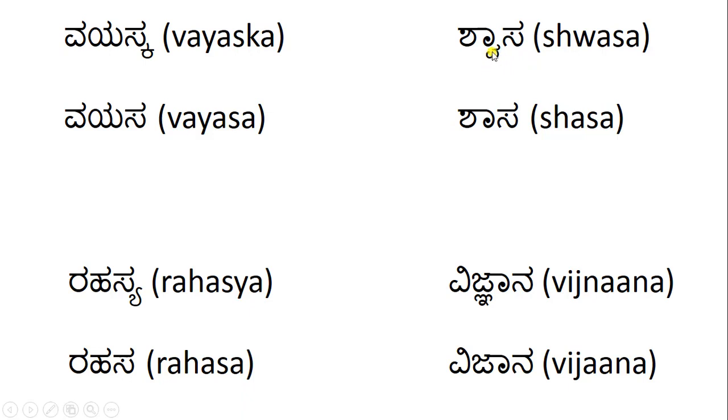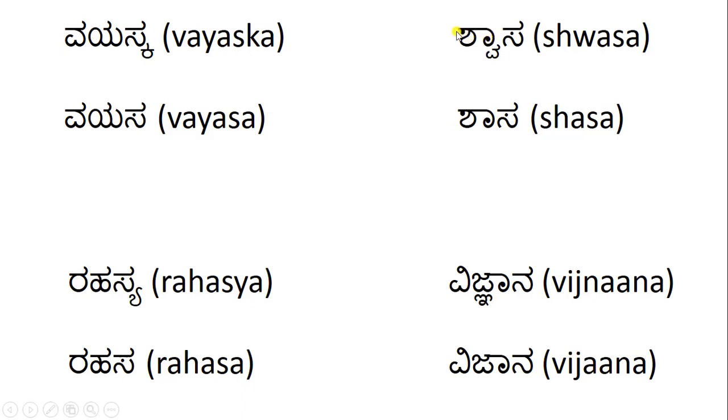But then how do you denote the wa? There is no symbol for wa here, right? It is just this for all the sounds: wa, va, vi, vu, ve, vai, vo. All those have a single symbol and that is this. Then how do you write wa? That wa is given for this. A is given for this.